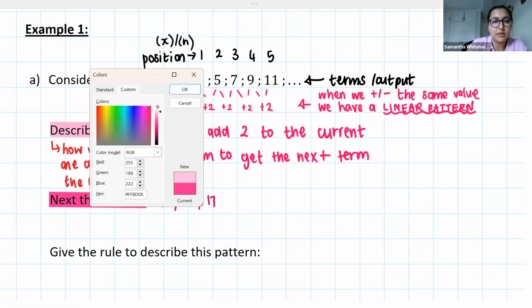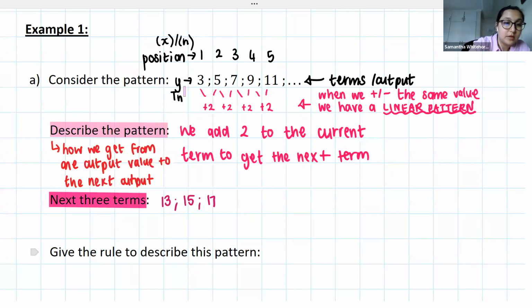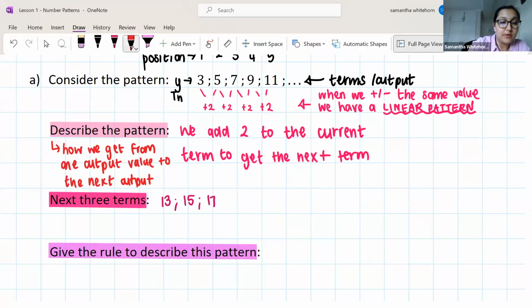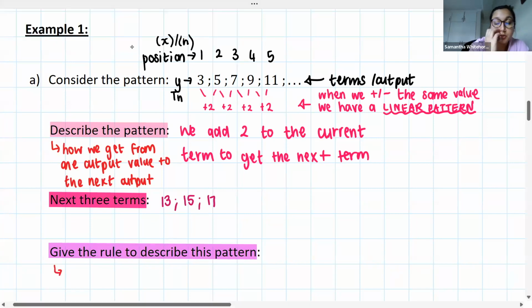All right, we're going to do this one together because, like I said, it is different and we need to be mindful of that before we get our rule and our description mixed up. So if we just give a little definition for ourselves, a rule is different to a description. As I said, a rule is how we get from the input value to the output value.